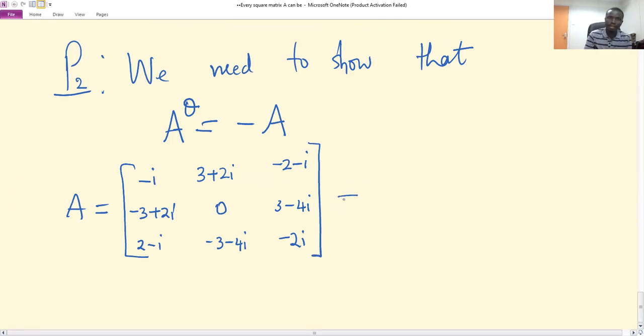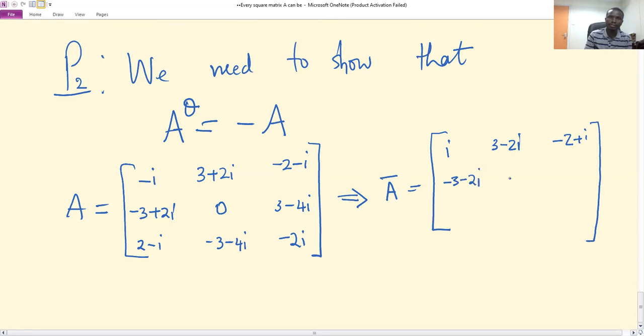And you see, this implies that the conjugate of this matrix is i, 3 minus 2i, minus 2 plus i, minus 3 minus 2i, 0, 3 plus 4i, this is 2 plus i, minus 3 plus 4i, and 2i.